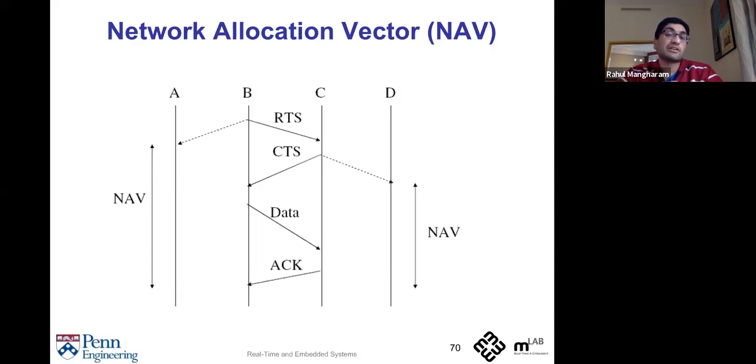So they have to get a slot in the future, but this is just making an instantaneous reservation, leasing the channel for that time. So all it is, is a counter. The network allocation vector is just a counter saying that for so many microseconds, I'm going to use this channel. It belongs to this pair.